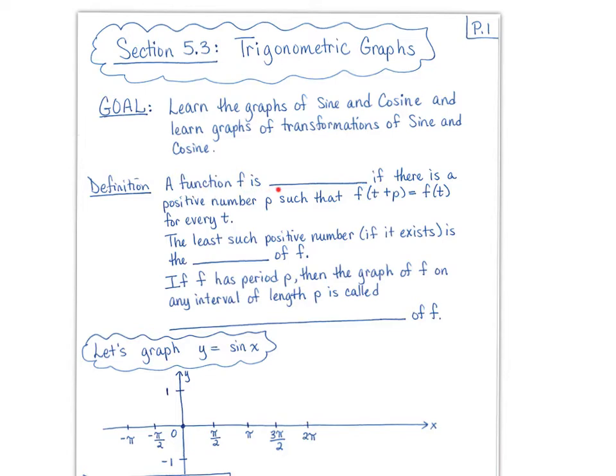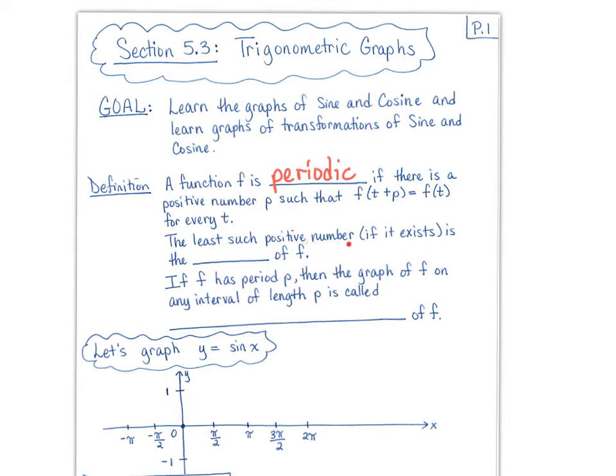A function f is periodic if there is a positive number p such that f of t plus p is equal to f of t for every t.